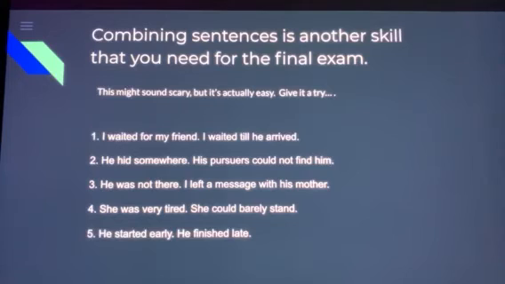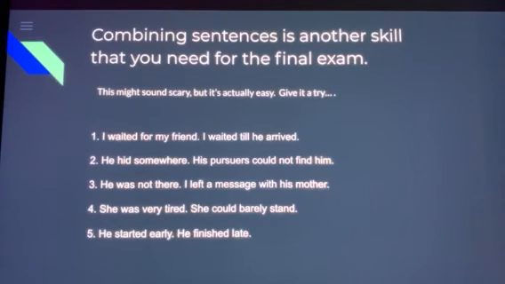So look at number 2. He hid somewhere. His pursuers could not find him. You could go, "Because he hid somewhere," comma, "his pursuers could not find him." If we look at number 3, he was not there. I left a message with his mother. Now, some of you want to put a coordinating conjunction in there.